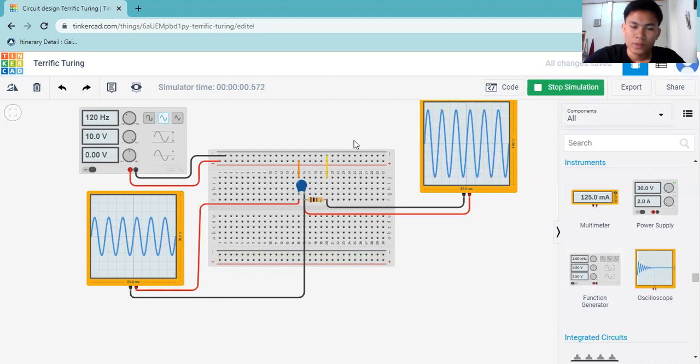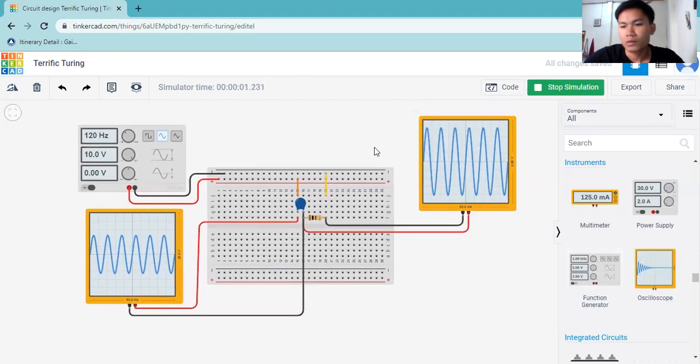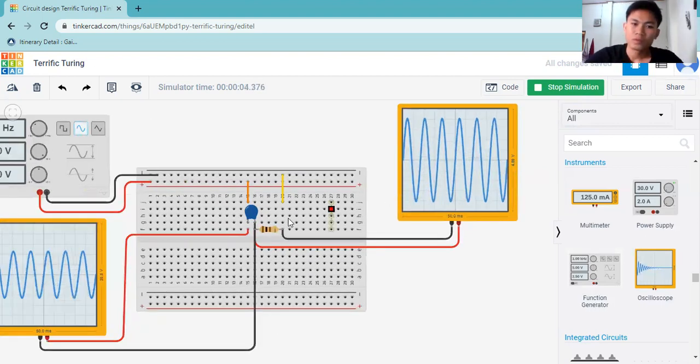So this is the output of the oscilloscope. If we want to know the voltage across this resistor, we can count the little squares from this peak to this peak and then multiply by 4. So we should get the voltage across this resistor.